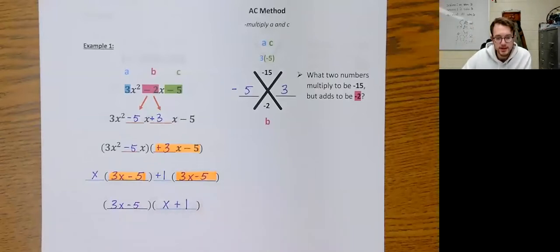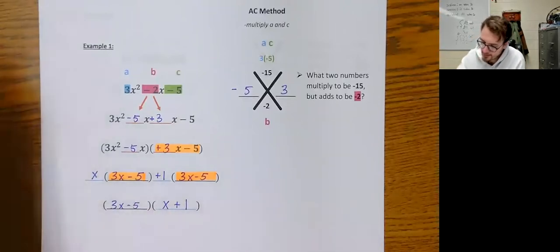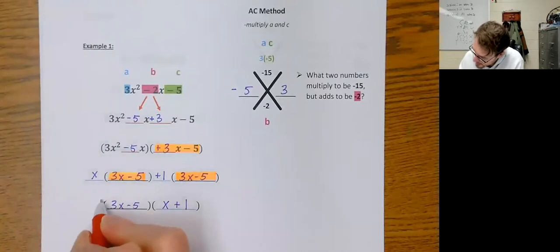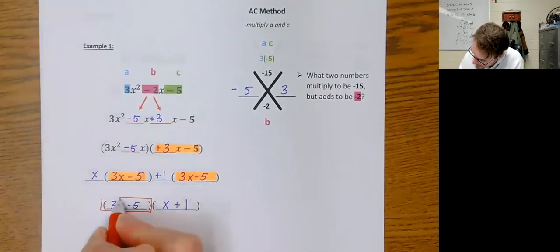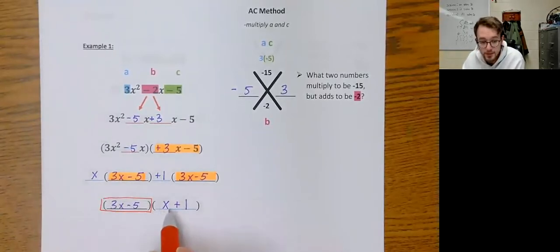So the reason why this works, and some students don't see it right off the bat, is distribution. If I was to take this whole thing and multiply it through this, there's 2 terms inside here.